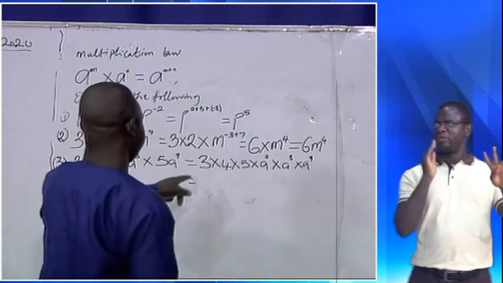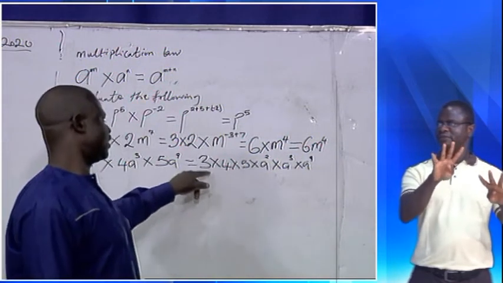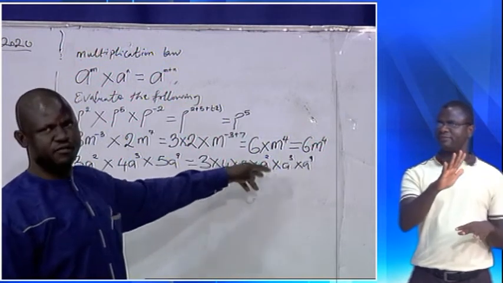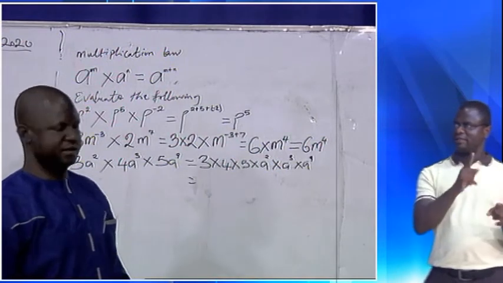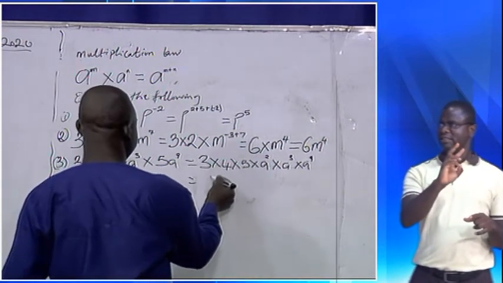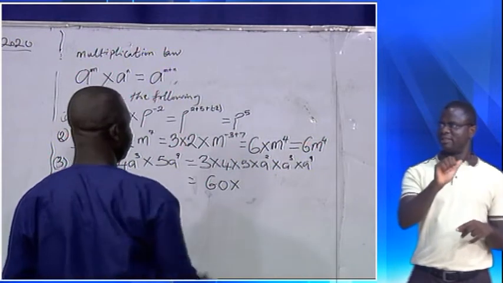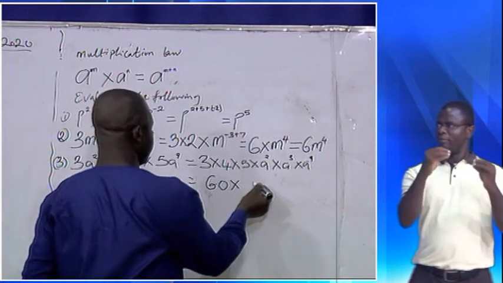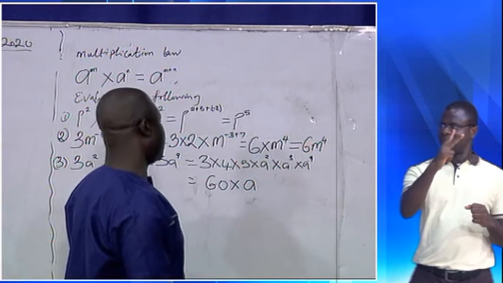Here, 3 times 4, viewers at home, will give us 12. 12 times 5 will end up giving us 60. Here we are going to have 60 multiplied by, now we have the common base, so we pick only one and add their respective powers.